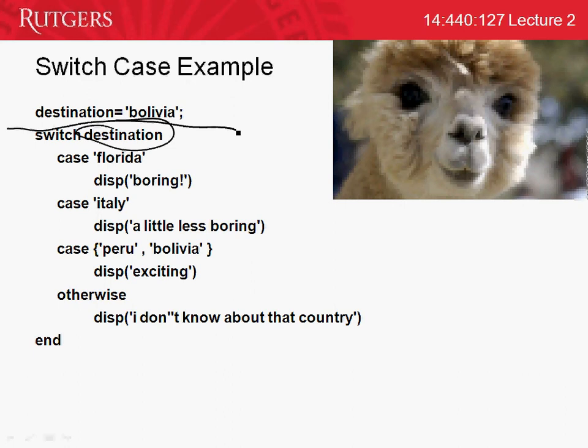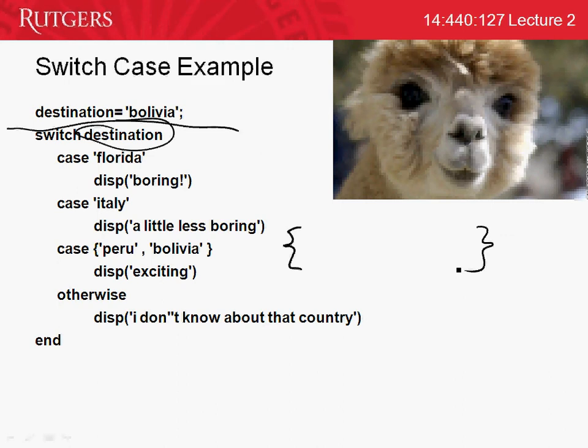We can say, okay, case Florida, which means if the variable destination contains the value Florida, that string, display boring. If it contains the string Italy, display a little less boring, and so on. For the third example, if it contains either Peru or Bolivia, so we're basically using the squiggly braces to give two possible options.